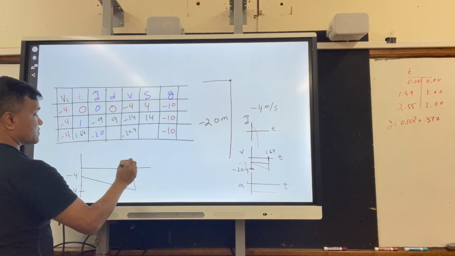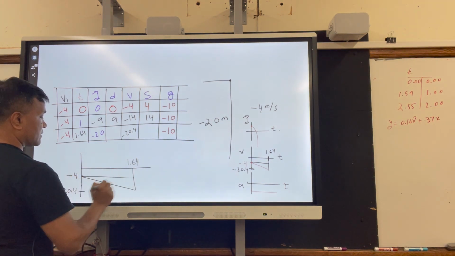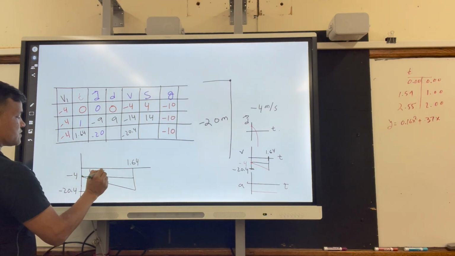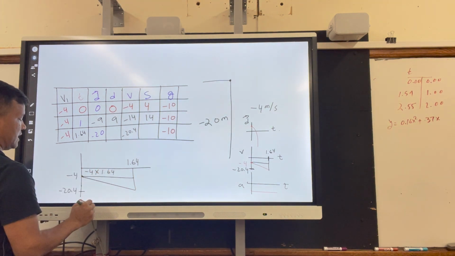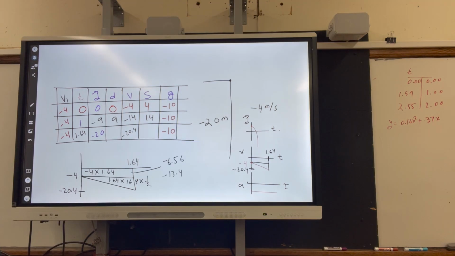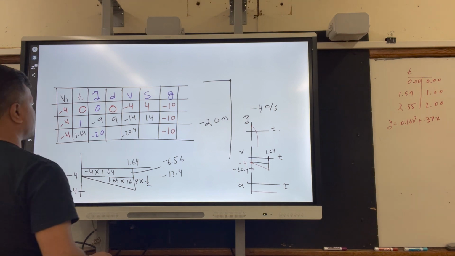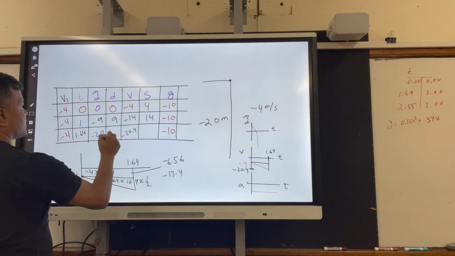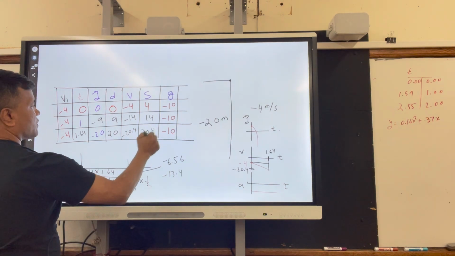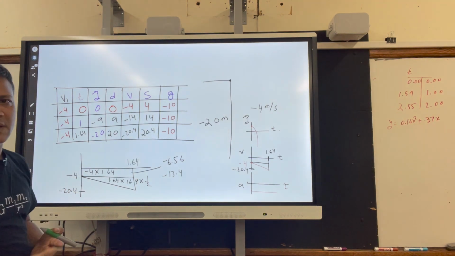And this is 1.64. So the total distance is 20. Speed is 20.4. Okay, so that was problem number 5.